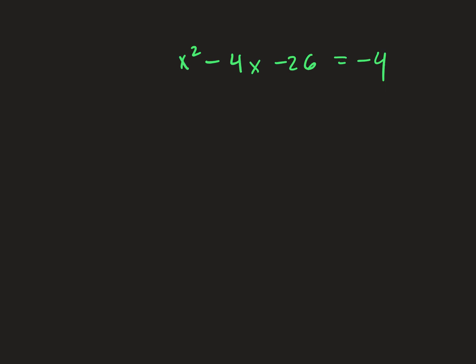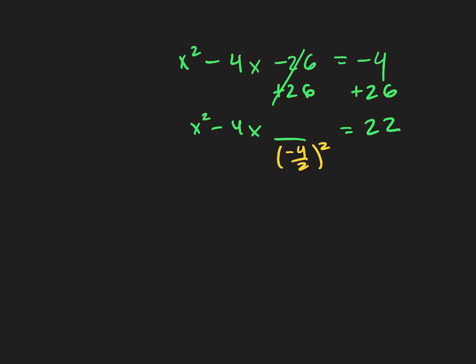All right, so here's another one. What should I do first? Add 26. So x squared minus 4x is equal to 22. Then I do b over 2 squared. What's b? What's negative 4 divided by 2? So I'm adding 4 here to add it to both sides.